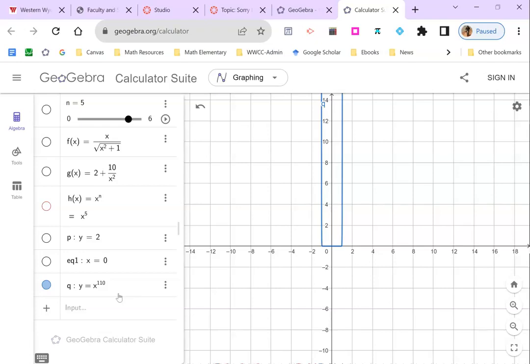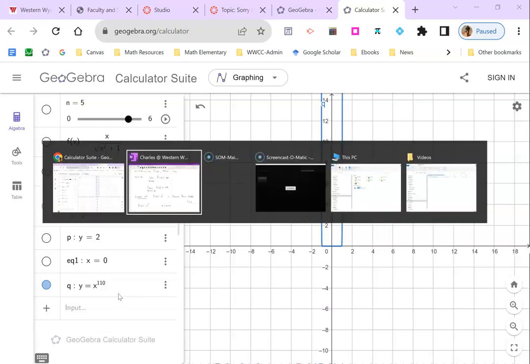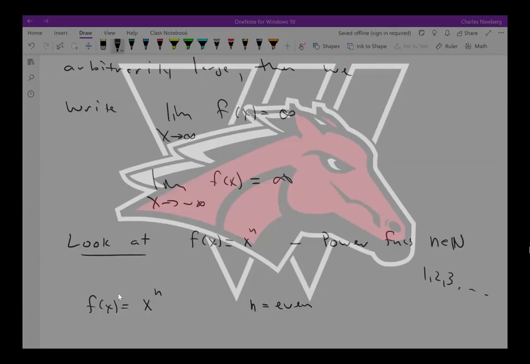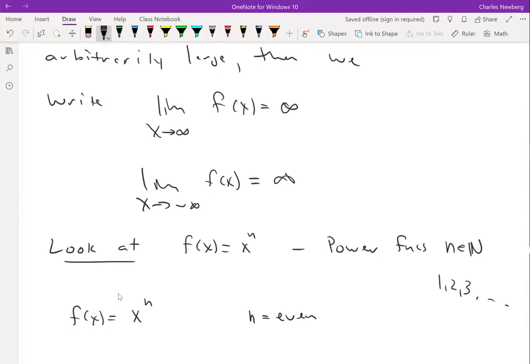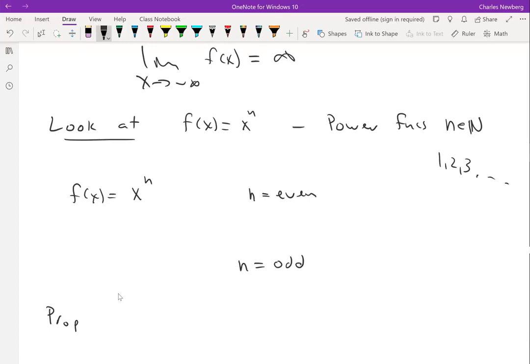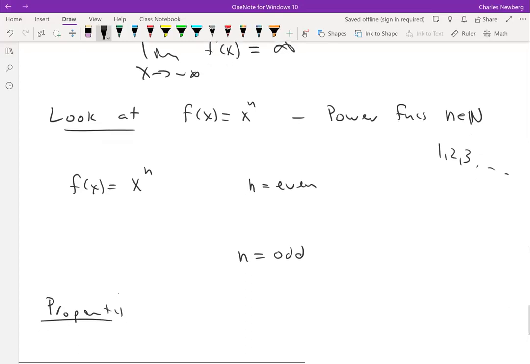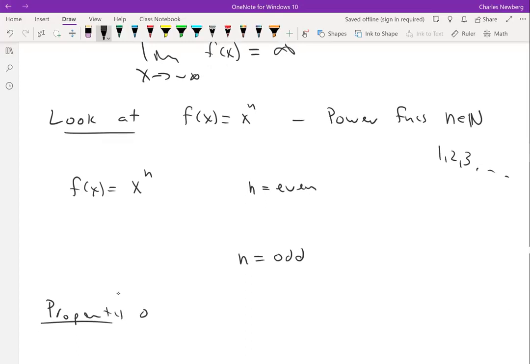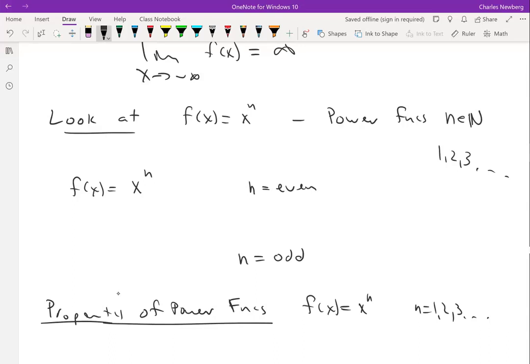All right, so let's summarize this now into a theorem. Okay, we'll just call it a property. Property of power functions. f of x equals x to the n, where n is a natural number.